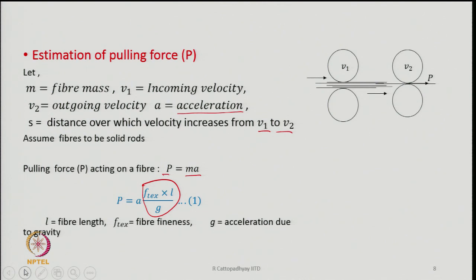If L is the length of the fiber, F tex is the fiber fineness in tex, and G is the acceleration due to gravity, then F tex into L will give you the weight of the fiber, and that divided by G will give you the mass of the fiber.